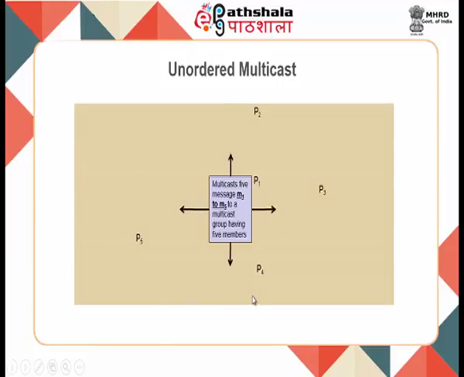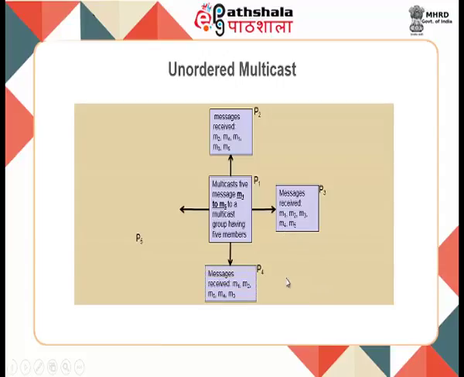P1 sends these 5 messages, and P2 receives the messages in some order, P3 receives the messages in a different order, P4 in a certain order which is not the same as P5, and this is completely all right. This is reliable unordered multicast.